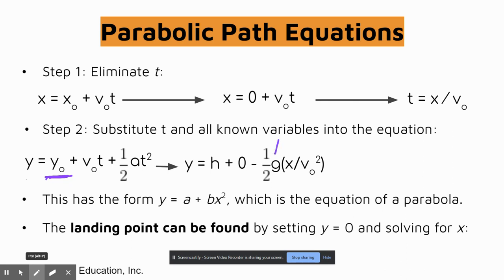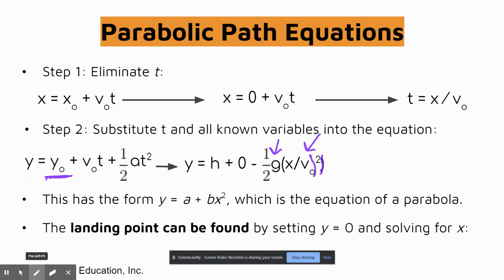The acceleration is equal to gravity, so that's why you see a g here. And then you see that we have substituted t into this equation. This should have been written differently, I apologize for that. With the square on the outside, it should not be on the inside.